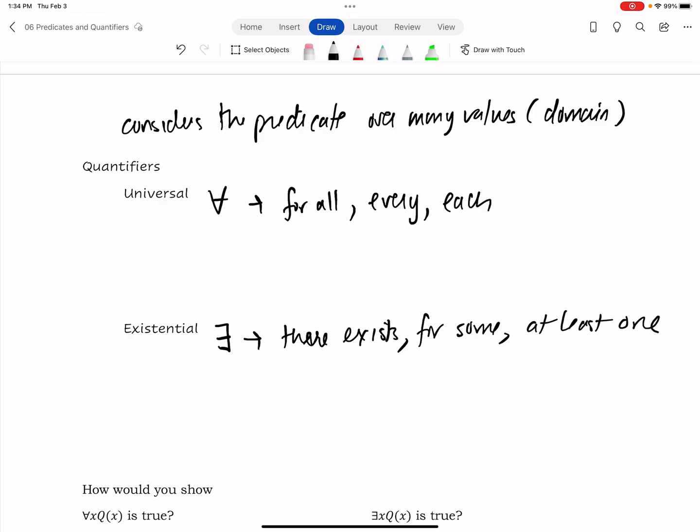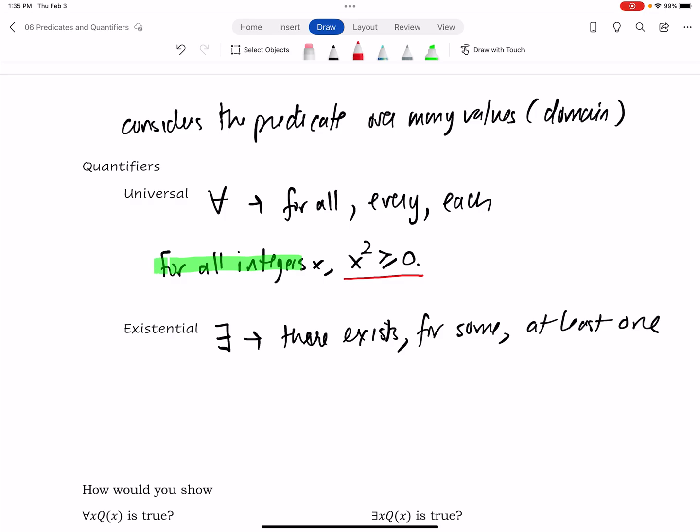So if I give an example, I could say for all integers x, x squared is greater than or equal to 0. My predicate was that x squared was greater than or equal to 0, and I quantified it by saying "for all integers."